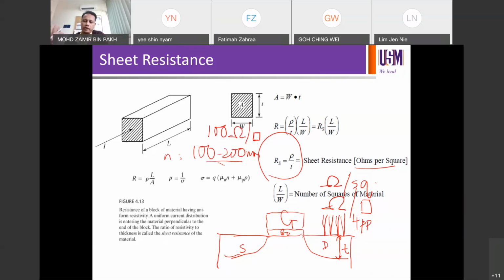If you talk about other devices, then we are talking about other values of the sheet resistance, of course. This sheet resistance plays a crucial role in determining the conductivity of your diffused layer, whether it's a channel or a blanket diffused layer.